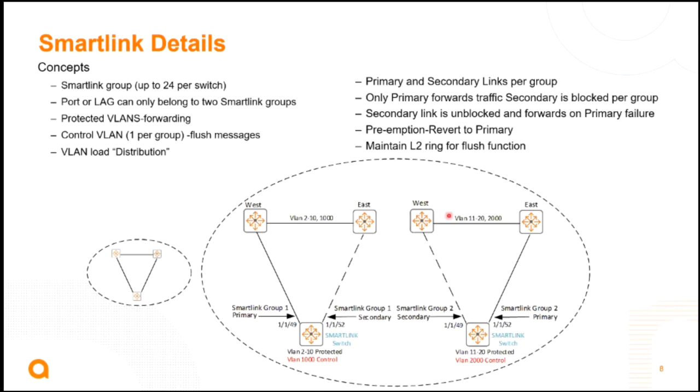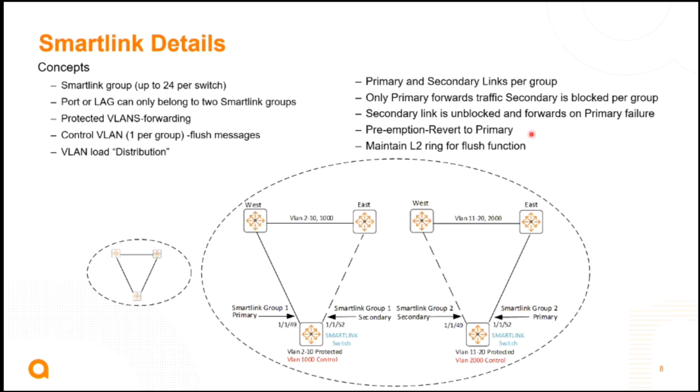So let's carry on. I've described that already. We have a primary forwarding link and a secondary backup link, which is always blocked per group. The secondary link only unblocks itself if there's a failure in the primary. So they'll switch over. In each case, the dashed line will become the active link under a failure situation. We can preempt on these as well.